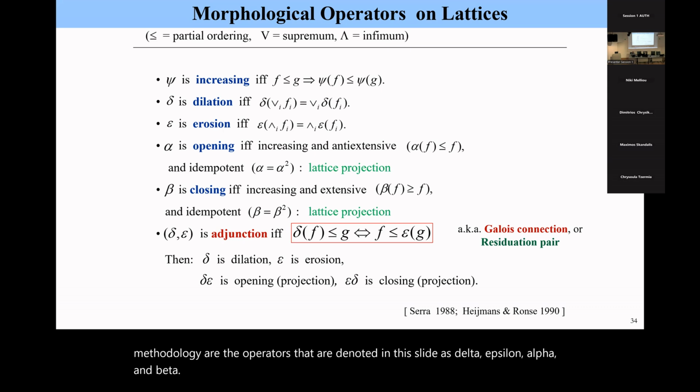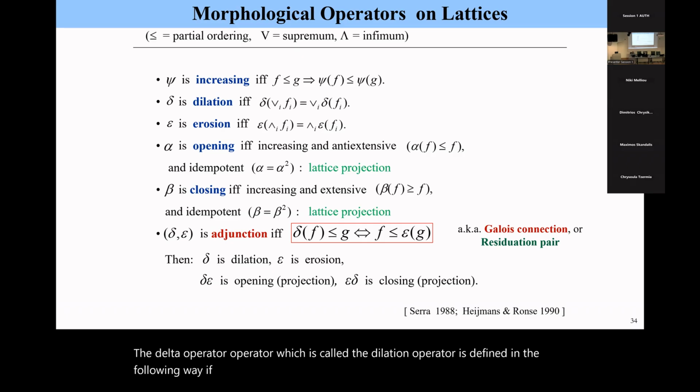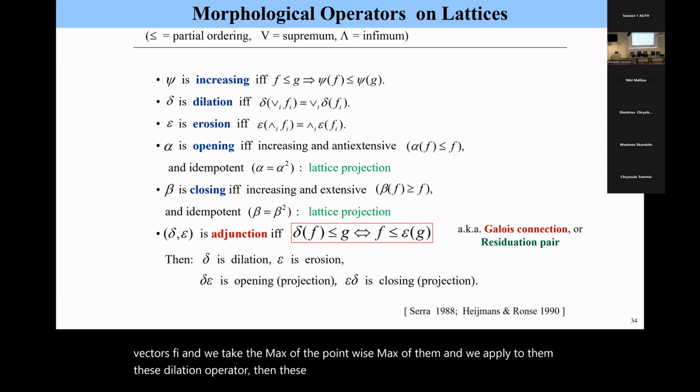The delta operator, which is called the dilation operator, is defined in the following way. If we have, let's say, a collection of signals or functions or vectors Fi, and we take the point-wise max of them, and we apply to them this dilation operator, then this distributes over this max and gives us as output the max of the individual operator applied to each one of them.